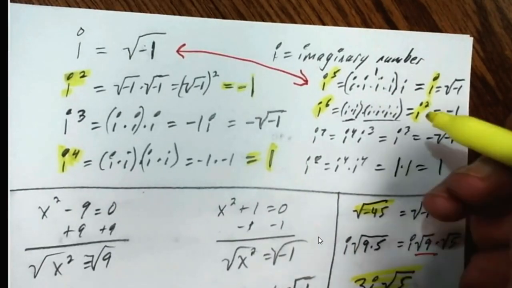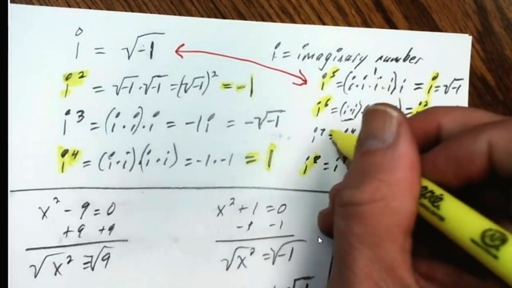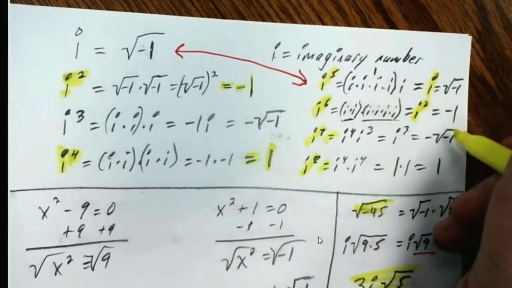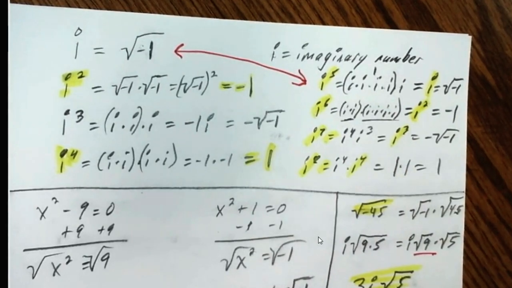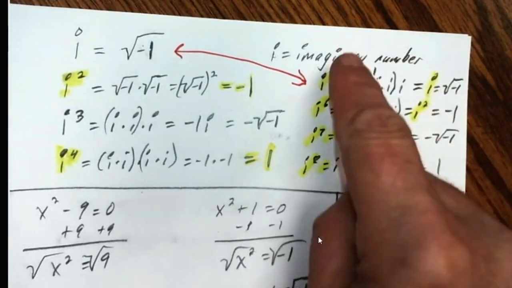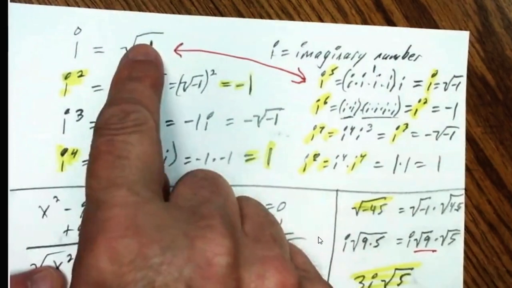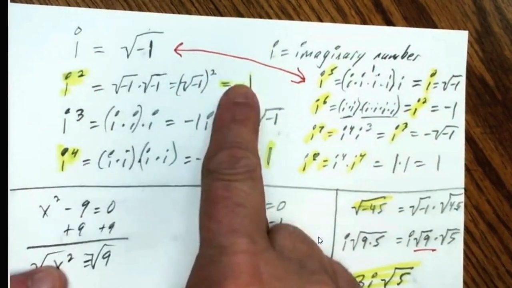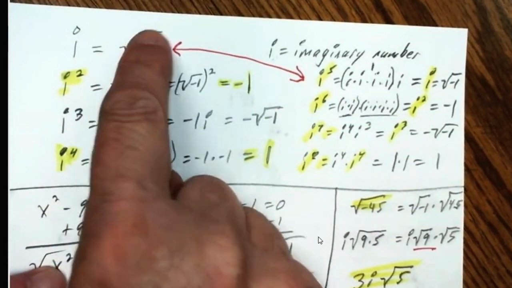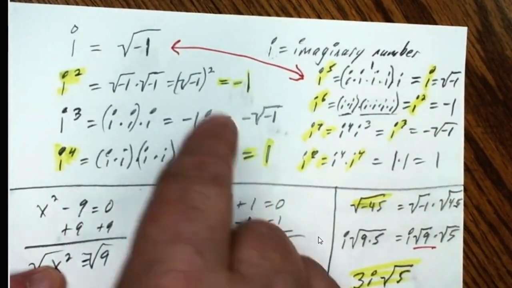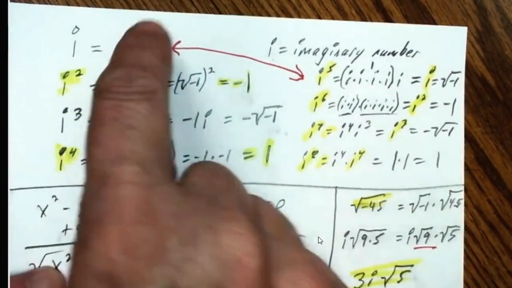So it's the same as i to the 4th. Every time it just repeats this pattern over and over again: i to the 1st, 2nd, 3rd, 4th, 5th, 6th, 7th, 8th, and so on through the 16th, and just keep going.